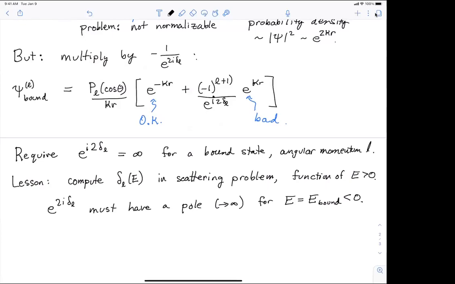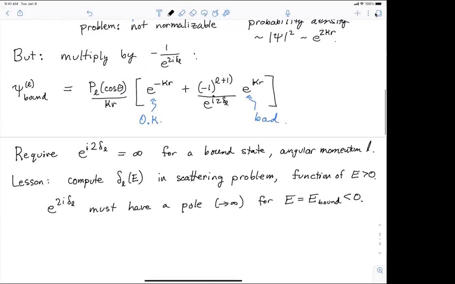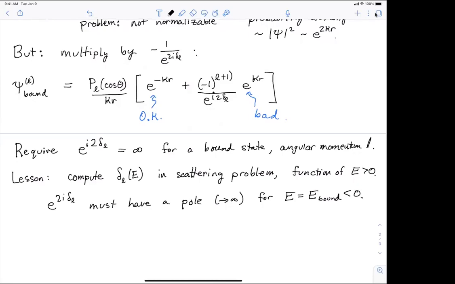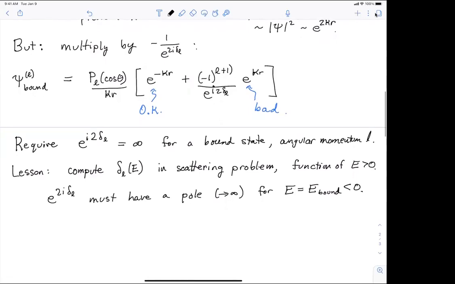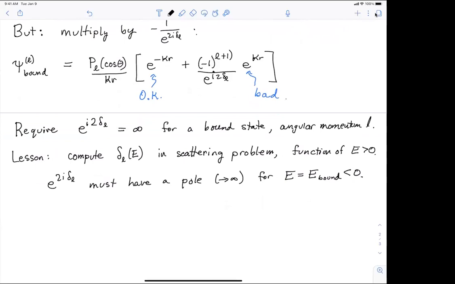The bound state will show up as poles in e^(2iδ_L), and therefore as poles in the scattering amplitude. But in the scattering amplitude at negative energy, which is not where we actually do the scattering. We always actually do the scattering at positive energy, but then we determine the function as a function of energy, and then we look at negative energy to see where there would be a pole in it. So it's kind of indirect.